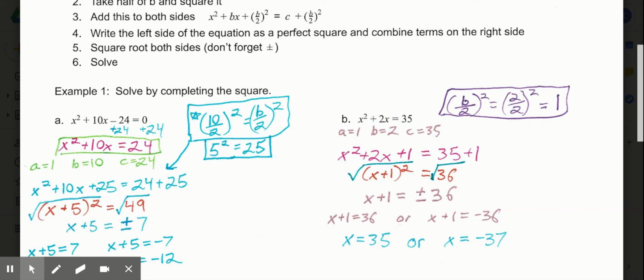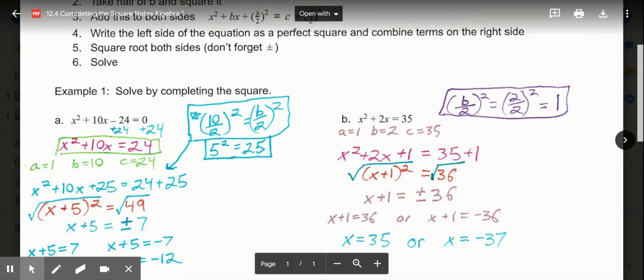So what we want to figure out is what is half of b squared. So to figure out half of b squared, if b was 10, 10 divided by 2 squared is the same thing as 5 squared, or 25.